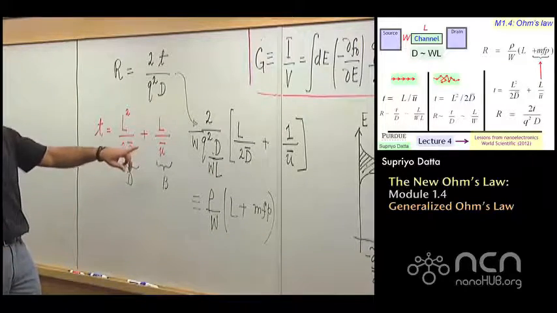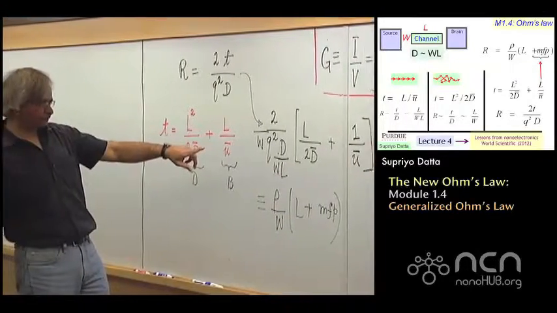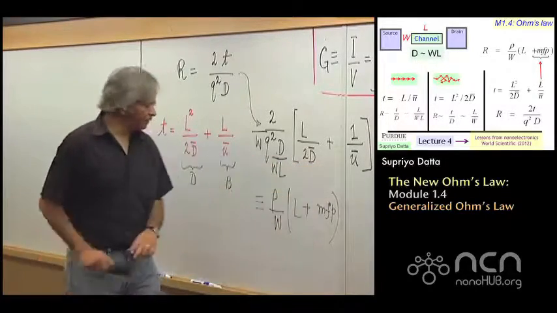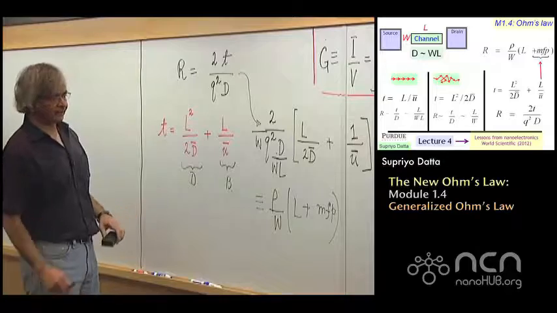And let me quickly explain why this one is like a mean free path. It would be something like this.